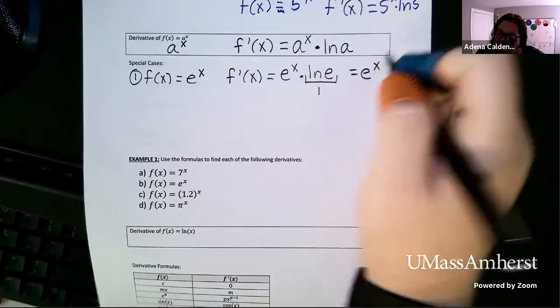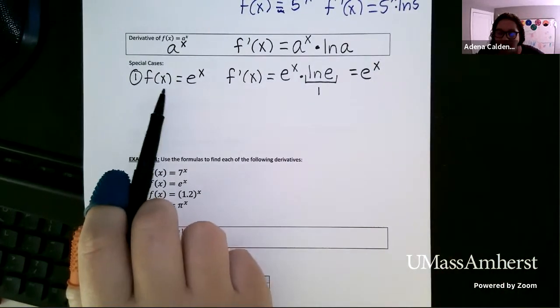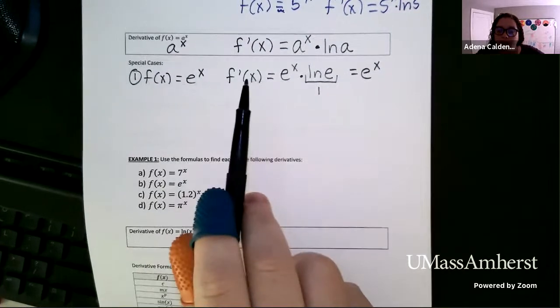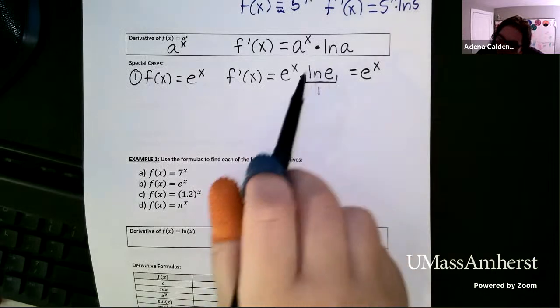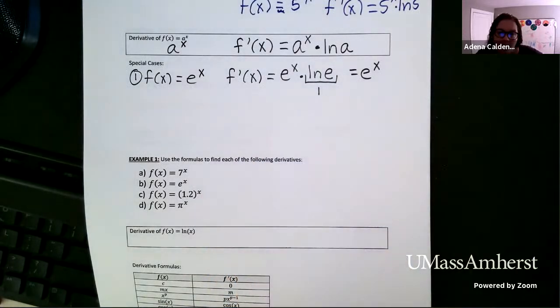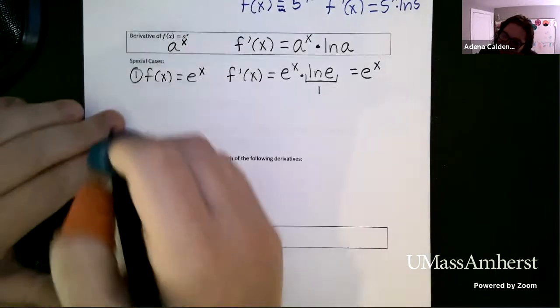So that gives me the formula that if your function is e to the x, the derivative of e to the x is e to the x, right? And that's because this natural log term happens to be 1, okay? So the derivative of e to the x is e to the x.